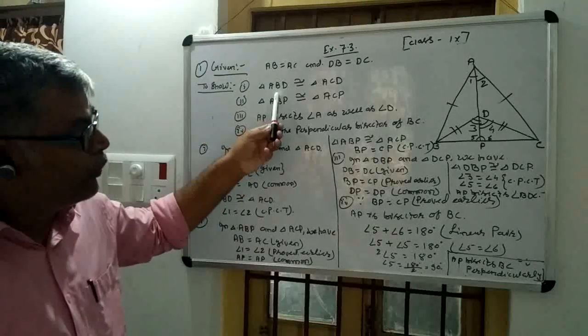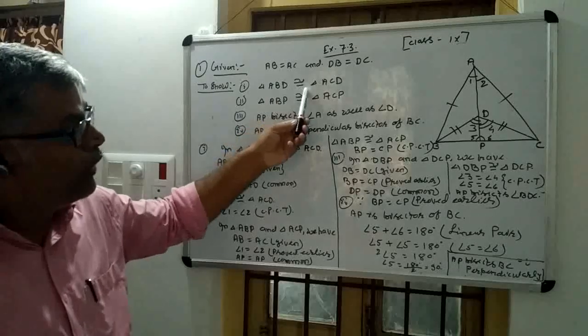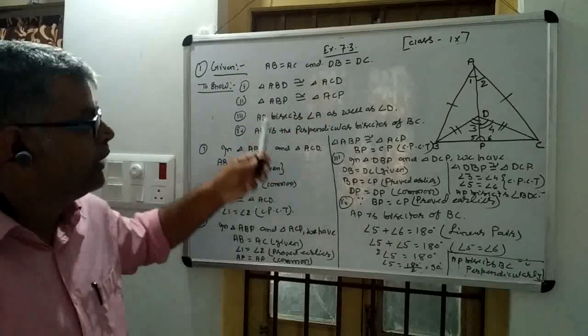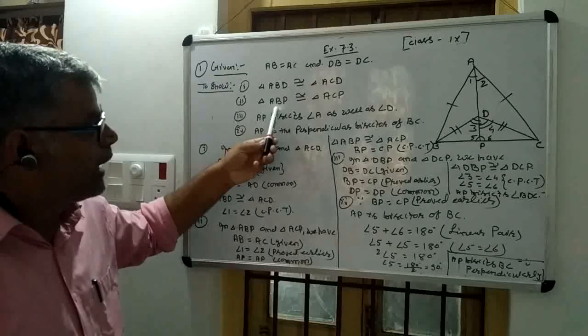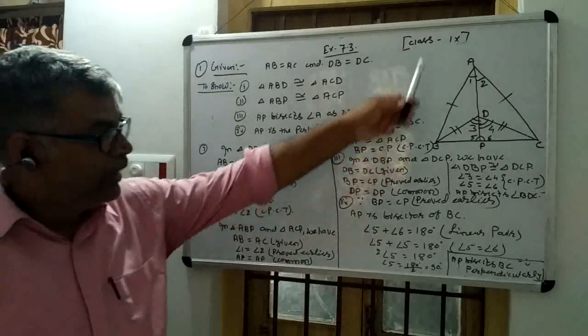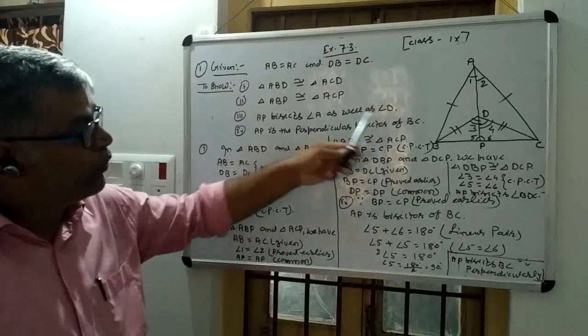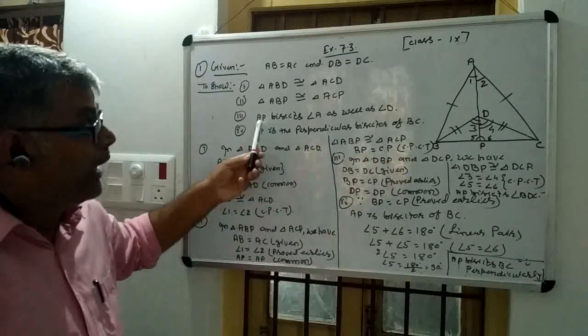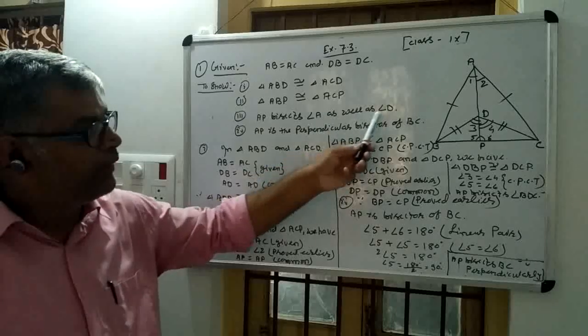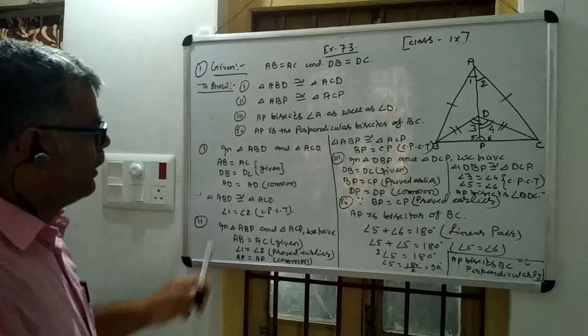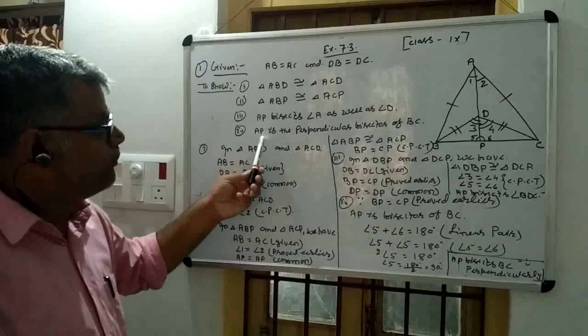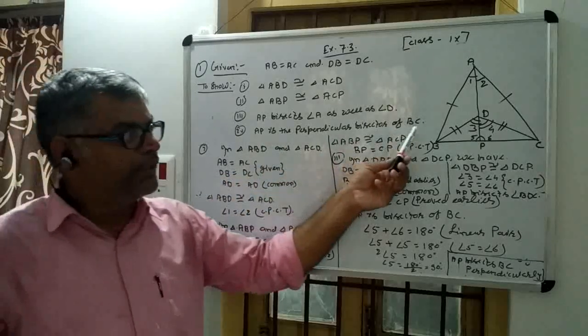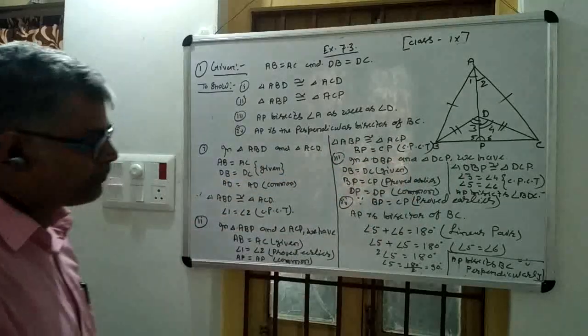First part is to prove triangle ABD congruent to triangle ACD. And the second part is to prove triangle ABP is congruent to triangle ACP. And the third part is to prove AP bisects angle A as well as angle D. And the fourth part is to prove AP is the perpendicular bisector of BC.